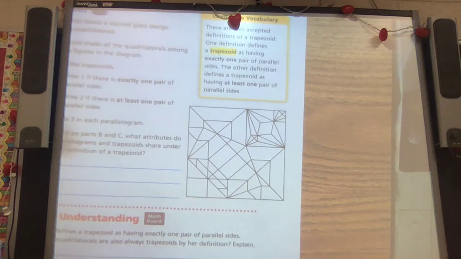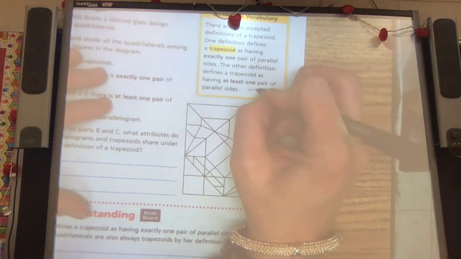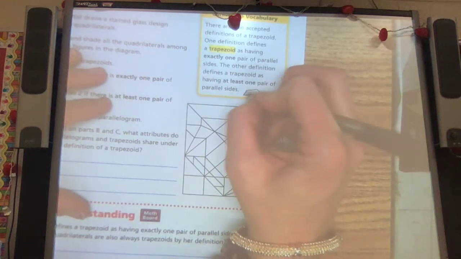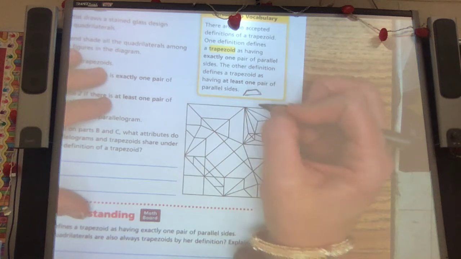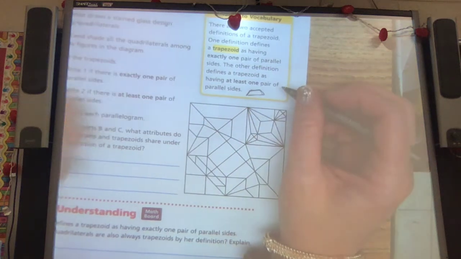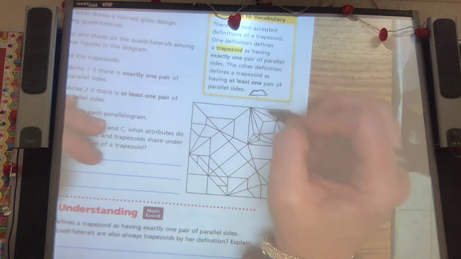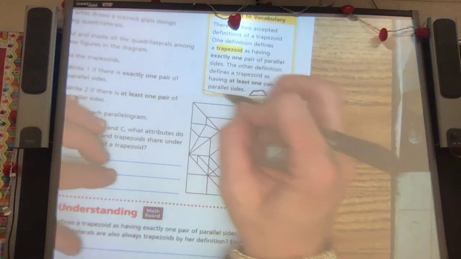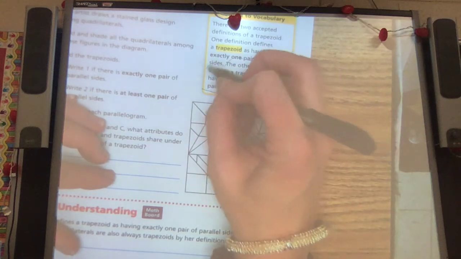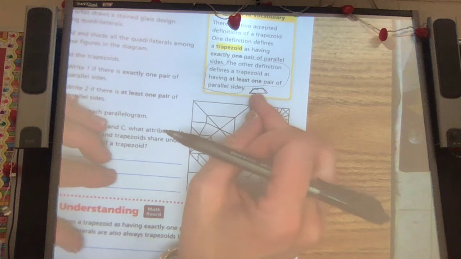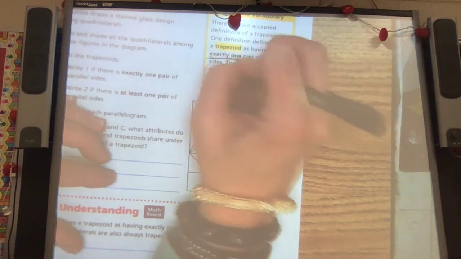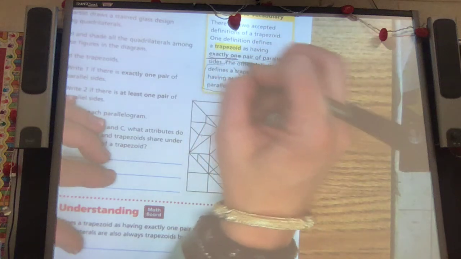Now, here's how you're normally going to see a trapezoid, a shape like this. And here's our 1 pair of parallel sides. This second definition is the one that, not actually this one, exactly 1 pair of parallel sides.